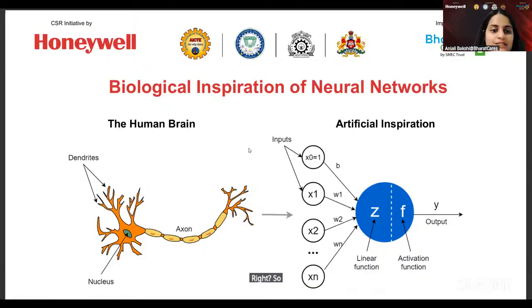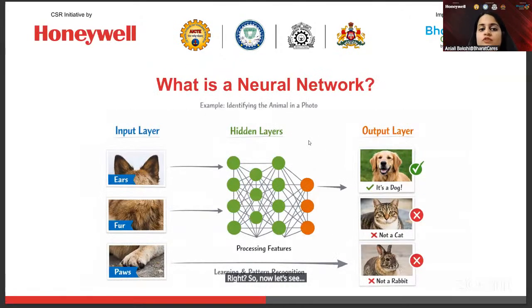So now let's see the layers of the neural network. We have 3 layers in the neural network. First is the input layer, wherein we are giving the images, and those images are converted at the backend by itself into pixels.